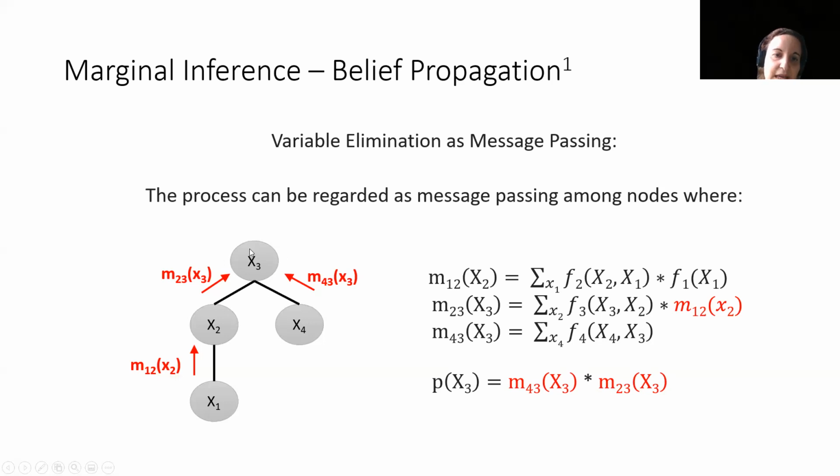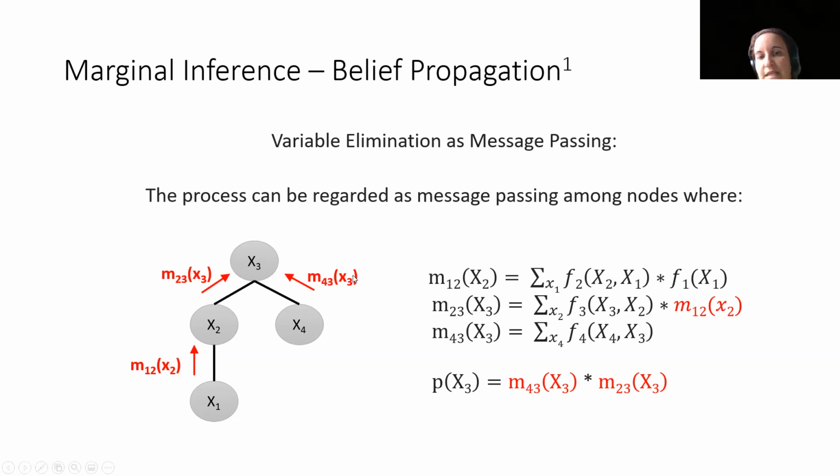Then we have the part of the summation that pertains to x3. In this case, it is going to be whatever we had from x2 multiplied by any other factor that has the nodes of this part of the tree plus x3. So it's going to be m12, which we already computed, multiplied by f3 of x3, x2, because these are the only other part of the formula that has the nodes of this part of the tree.